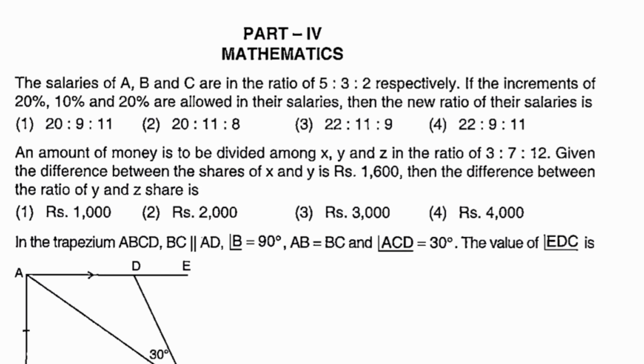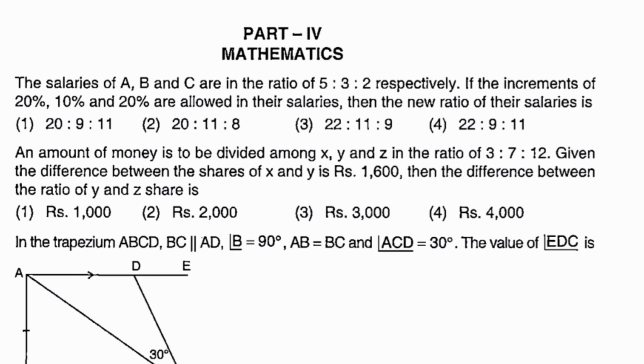First question. The salaries of A, B and C are in the ratio of 5:3:2 respectively. If the increments of 20%, 10% and 20% are allowed in their salaries, then the new ratio of their salaries is.